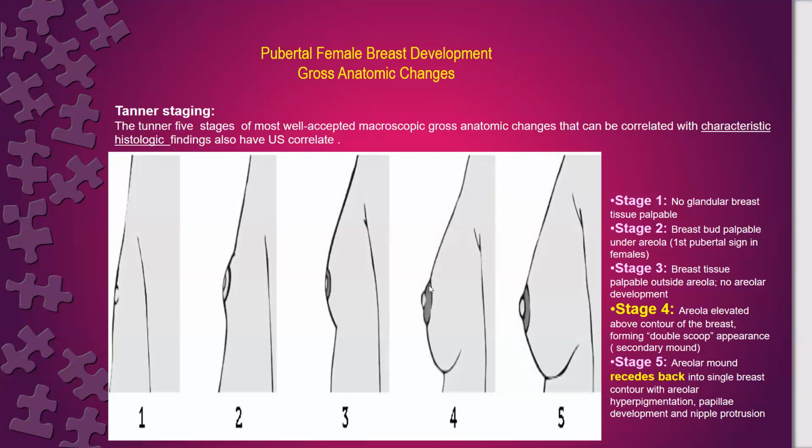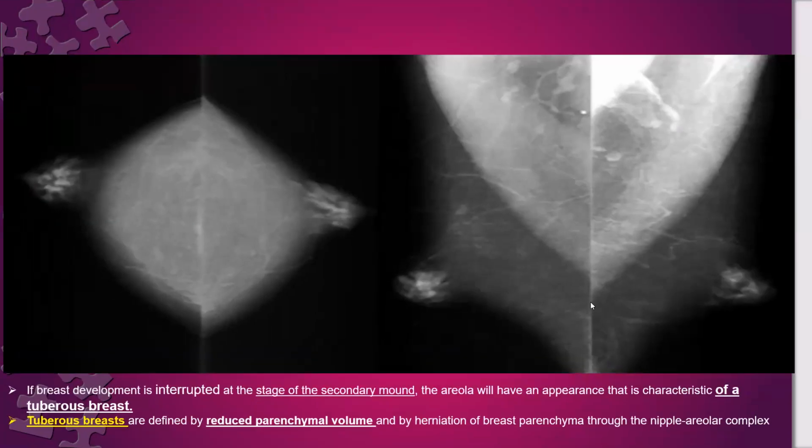If it fails to go back, then the breast might herniate here, and instead of being placed in all this area, it will be placed only in this small area, and this will hinder its development and progress, and you will just see it as small.